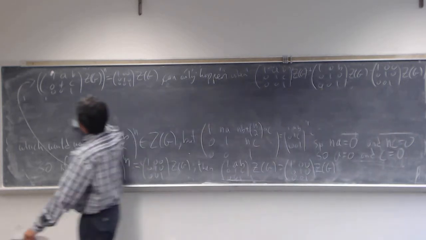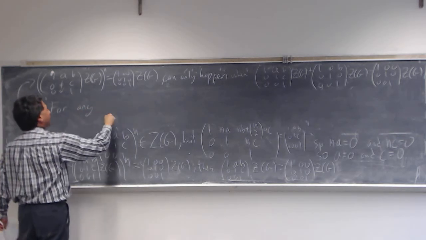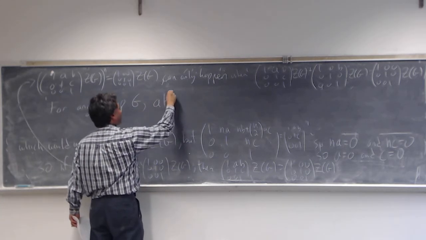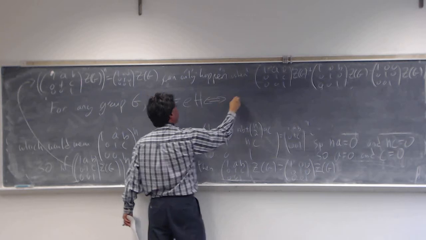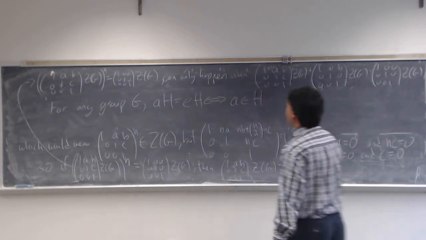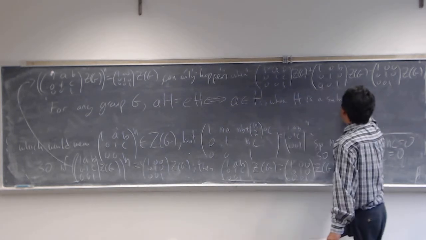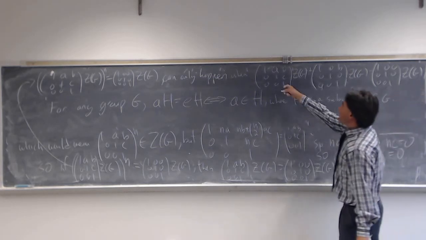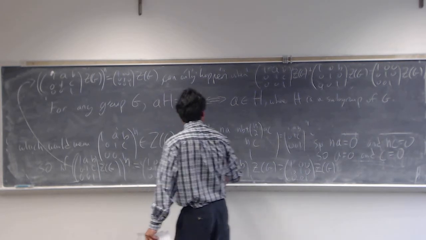I think we've noted this before, but what I really make use of there is that for any group G, some coset aH equals eH if and only if a is in H, where H is a subgroup of G. I think I did explicitly state that way back when we were looking at cosets, but that's how I get that this coset, I don't directly get that this coset has to be the identity coset.